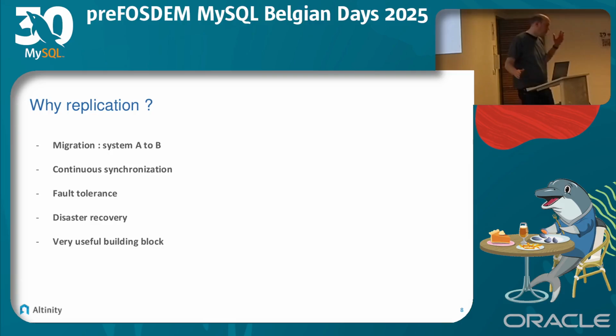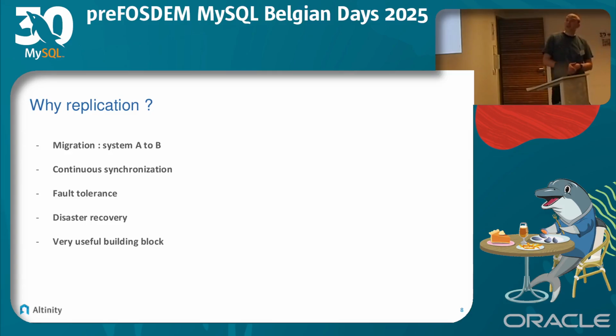Why replication? You can use replication for different purposes. One of them would be migration. If you migrate from MySQL to ClickHouse, you may want to use it because it allows you to synchronize the systems, and then when they are in sync, you fail over.